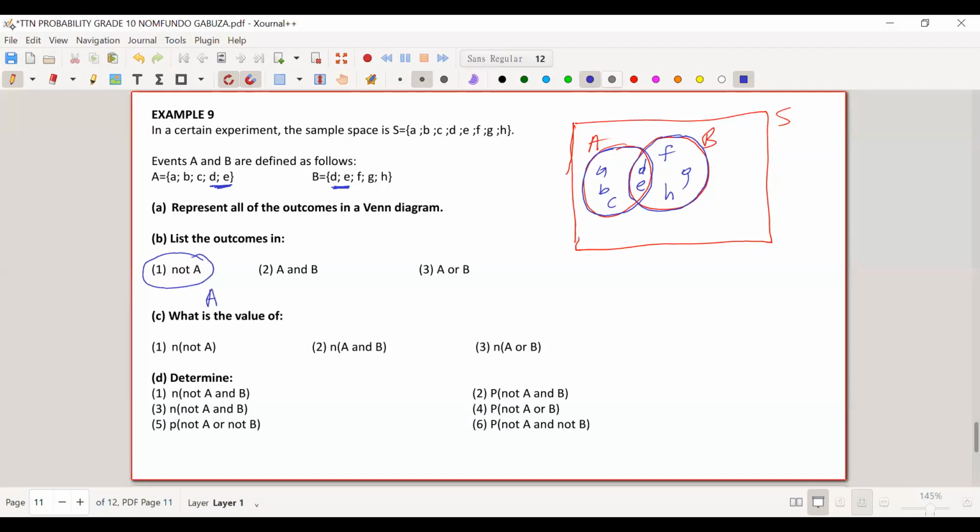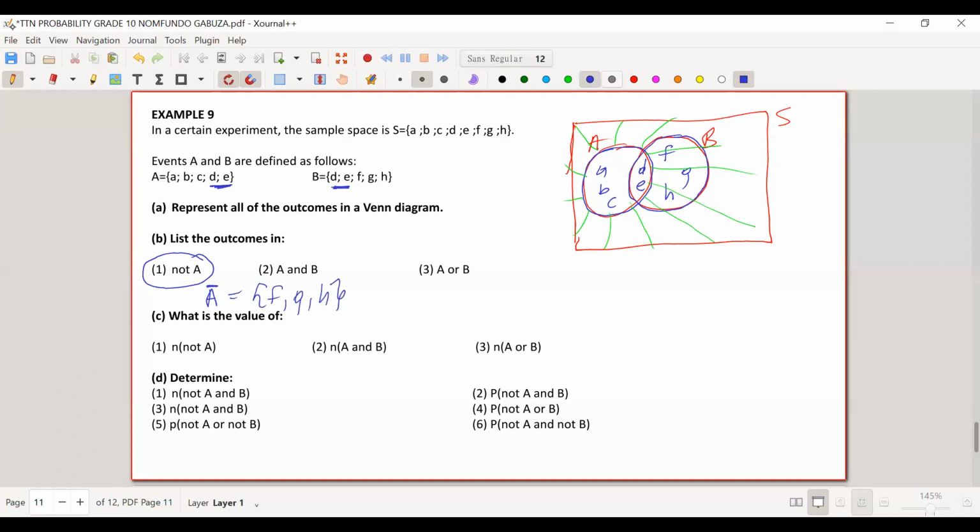What's not in A, the complement of A. Which means everything else that is not in A. So what's not in A over here is going to be F, G, and H.